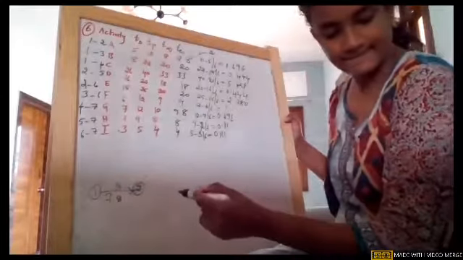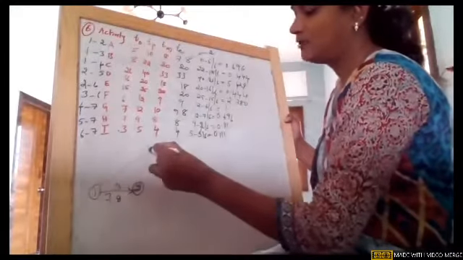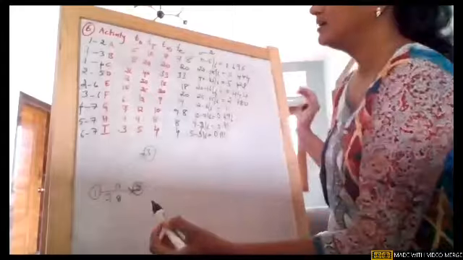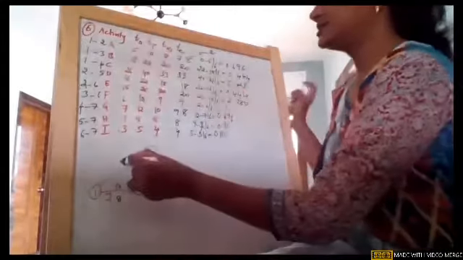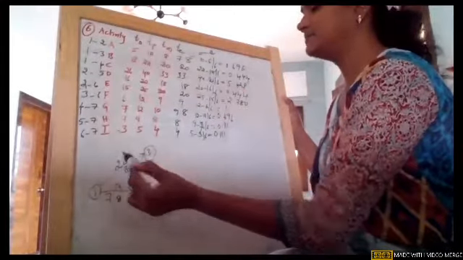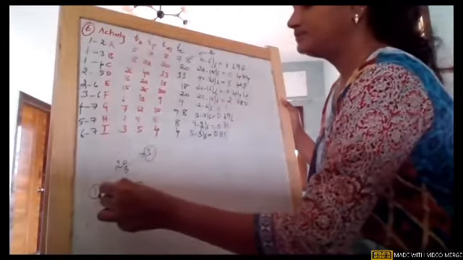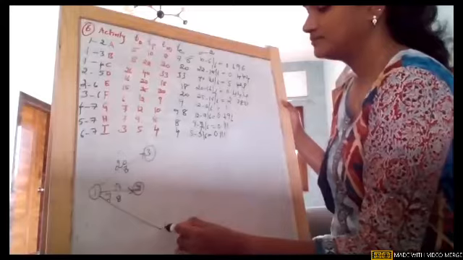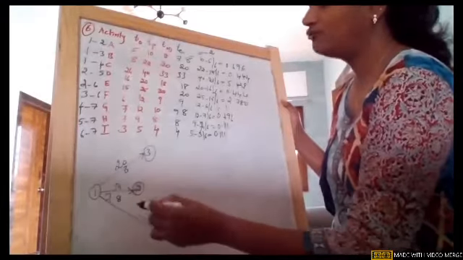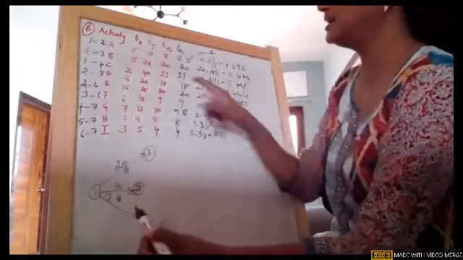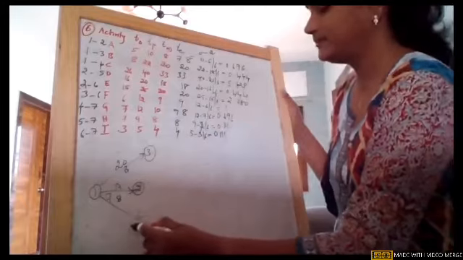Then 1 to 3, the activity name is B and the duration is 20. Then 1 to 4, the activity name is C and the duration is 33.